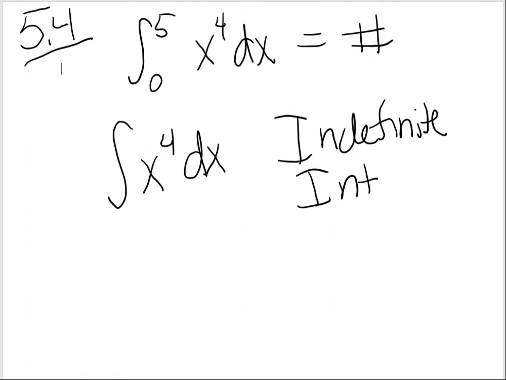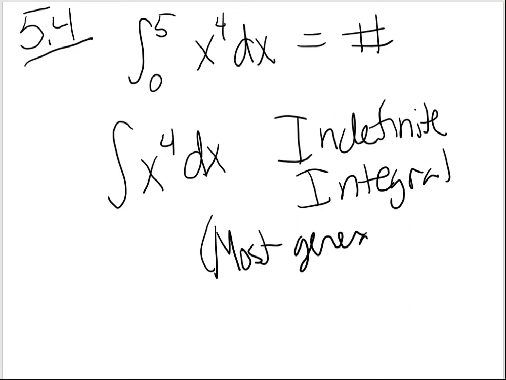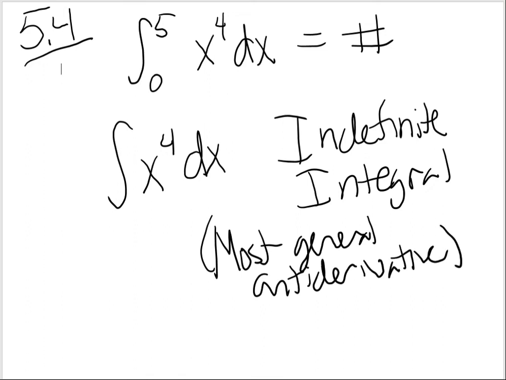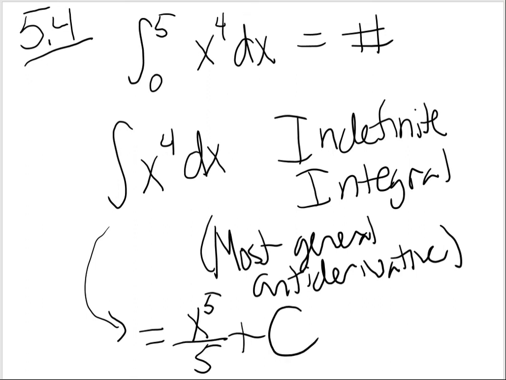Which is a fancy term for most general antiderivative. But we already know how to find those. So for example, on this one, if I told you to evaluate this indefinite integral, all I want is the most general antiderivative. You add 1 to the exponent, you divide, and then you add c.